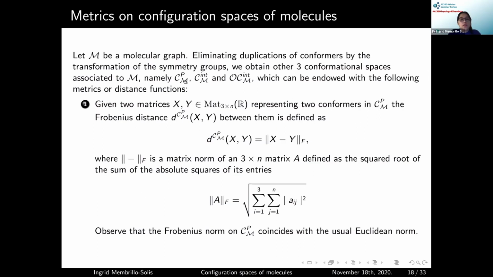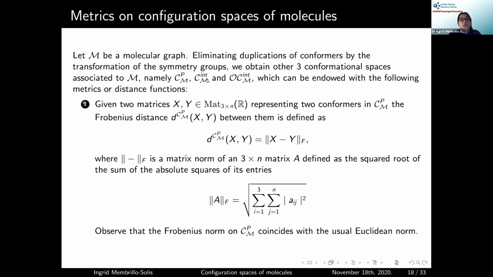So, given that we have different symmetries acting on or transforming the space of conformers, we might have different notions of conformational spaces depending on what kind of symmetry actions we are getting rid of. For instance, if we get rid of all the transformations that translate conformers, then we will have this new conformational space called CP.